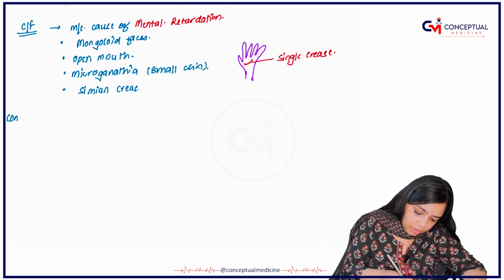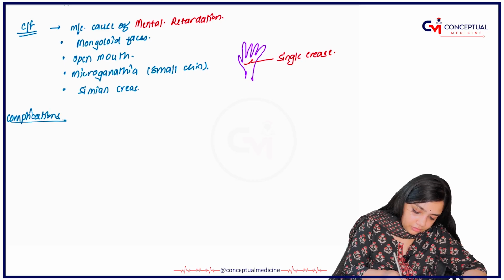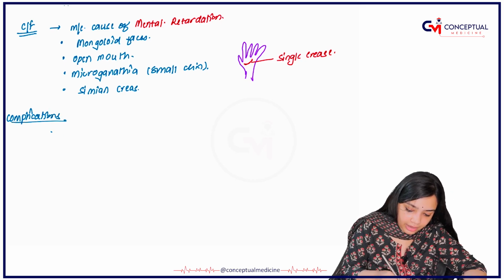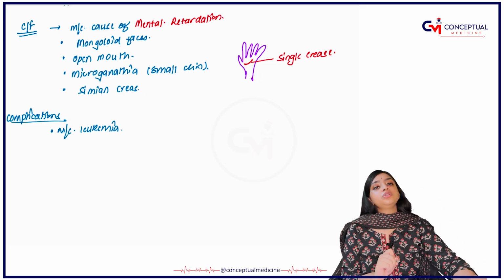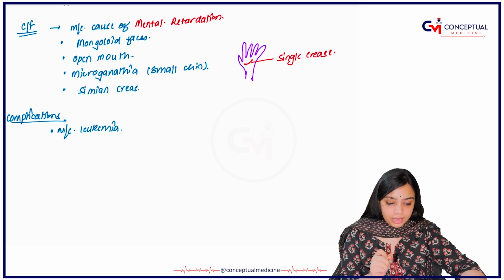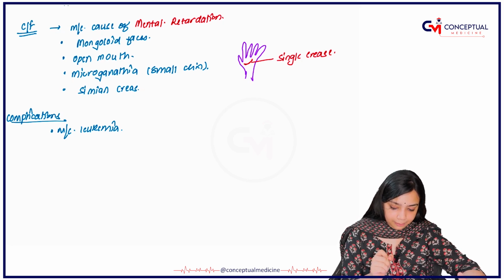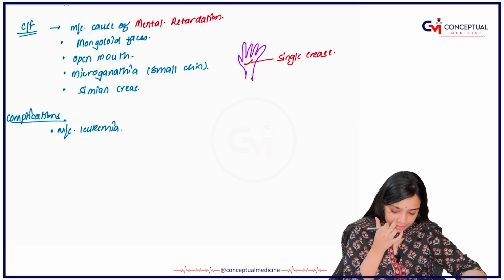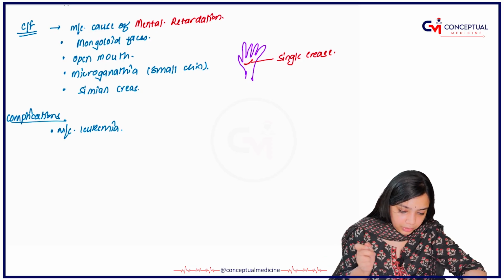Now let's talk about the complications. What are the complications that we have? Most common is leukemia. See, normally you all know what leukemia is. Leukemia means blood cancer, and we will study this in the hematology chapter. Okay, so the most common complication is leukemia.